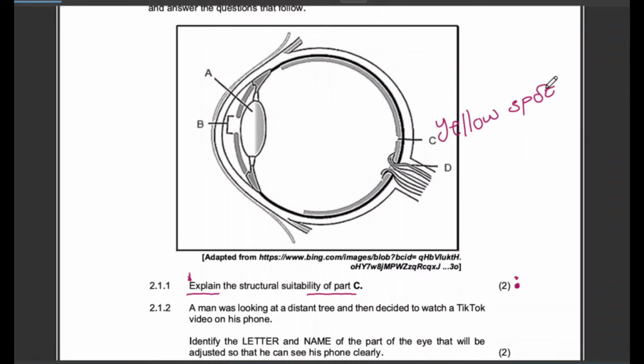Structural suitability: it has the highest concentration of cones, which are the photoreceptors, and they are there to create the clearest vision.